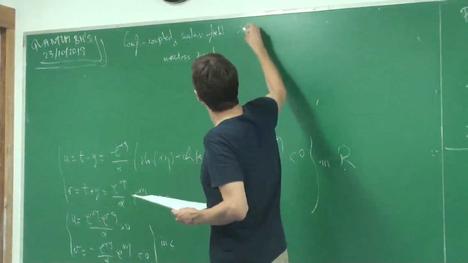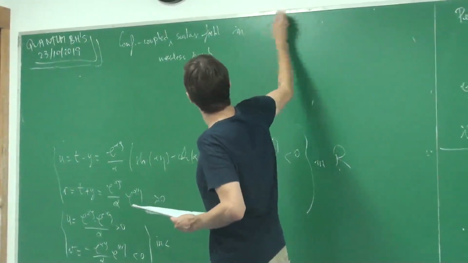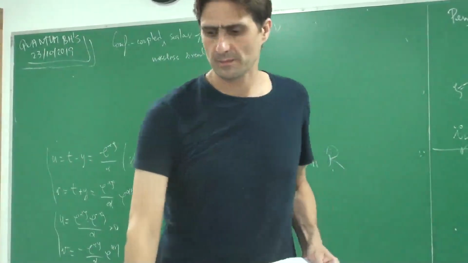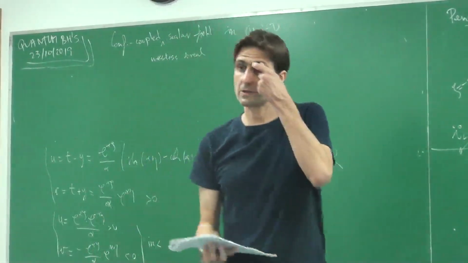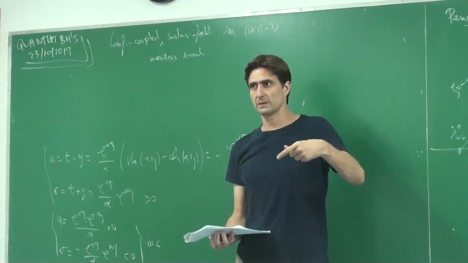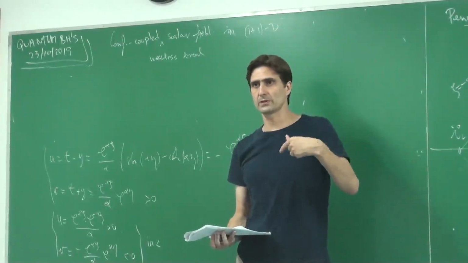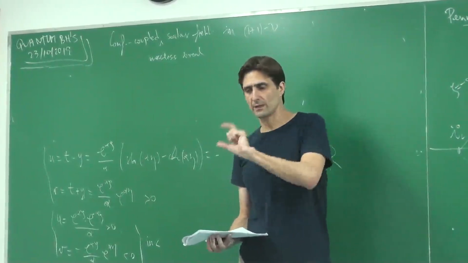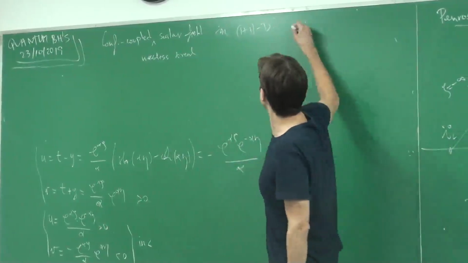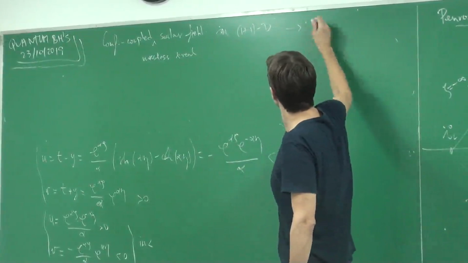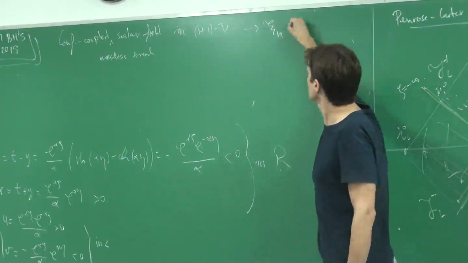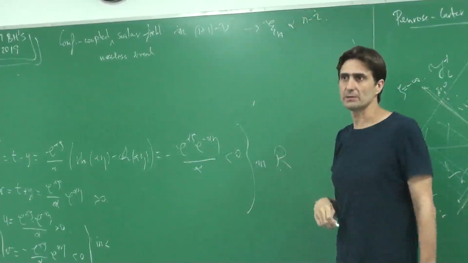Now, in 1 plus 1 dimensions, remember, conformally coupled means that the wave equation is related in two different spacetimes by some conformal factor in the field. That coupling constant, we call it xi_n, is proportional to n minus 2, where n was the number of dimensions.